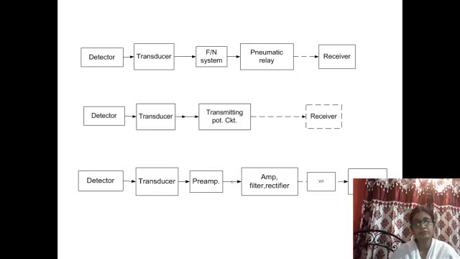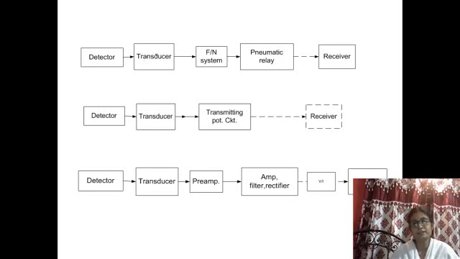For a pneumatic transmitter, there is a flapper nozzle system and a pneumatic amplifier or relay. Like all other pneumatic devices, the basic units are the flapper nozzle unit and the pneumatic relay.